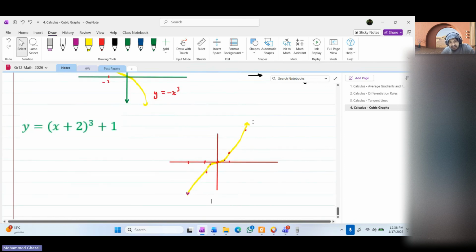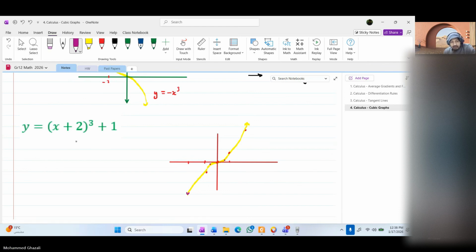I'm taking this graph, shifting it 2 units to the left. So transforming y equals x cubed.